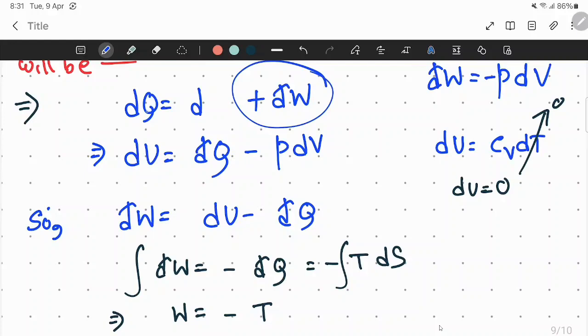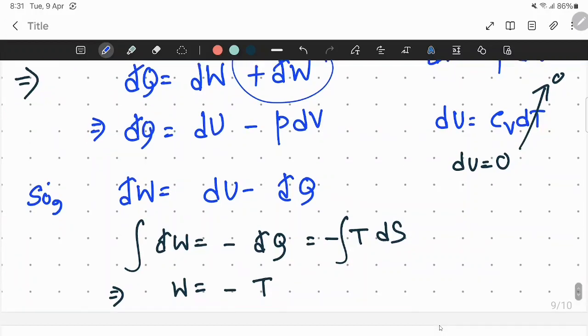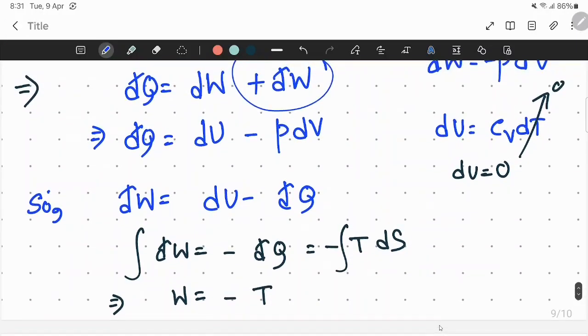One is IUPAC and another one. So this confusion will always be there. dU equals dQ minus PdV. Yes, now it's correct, I think.